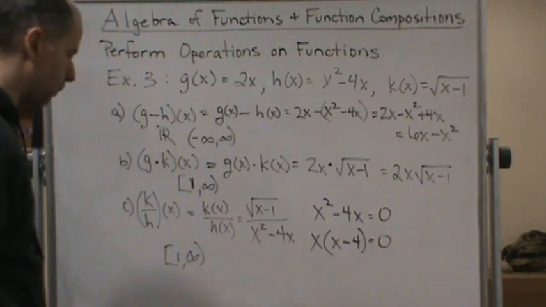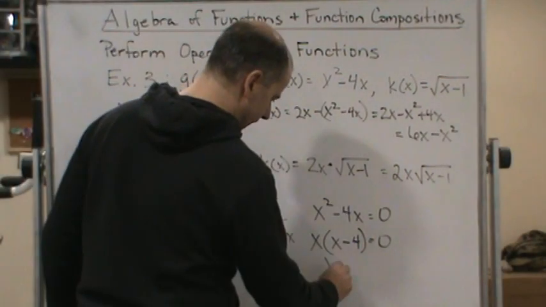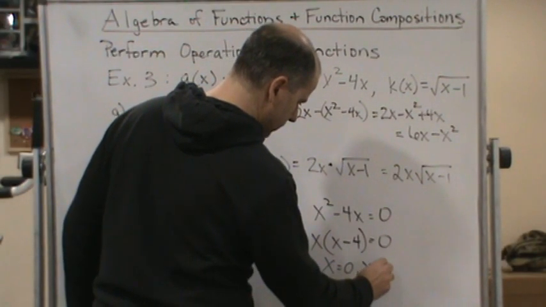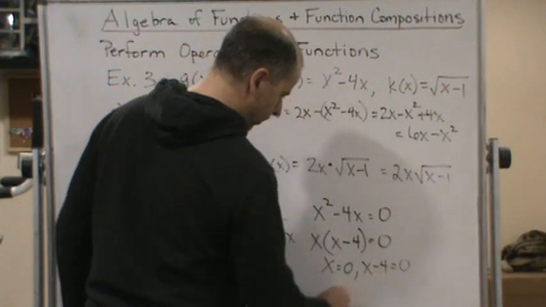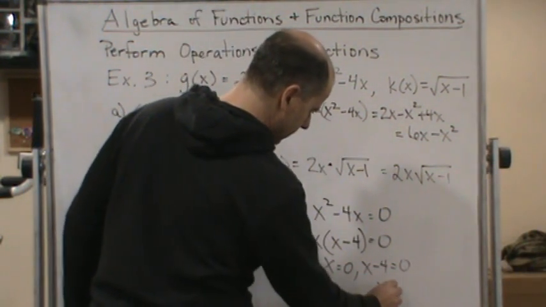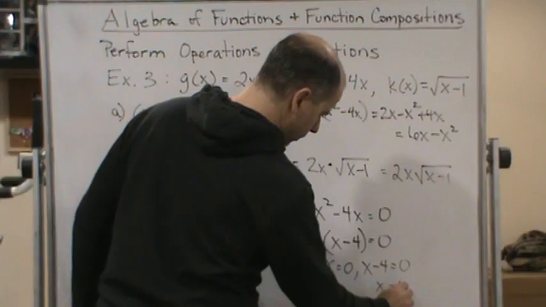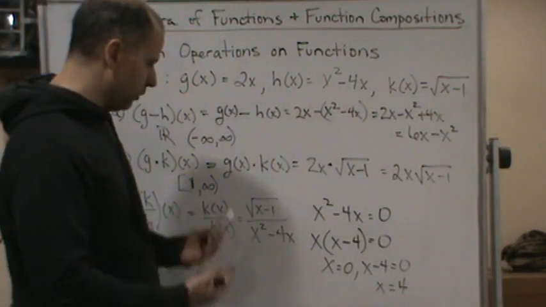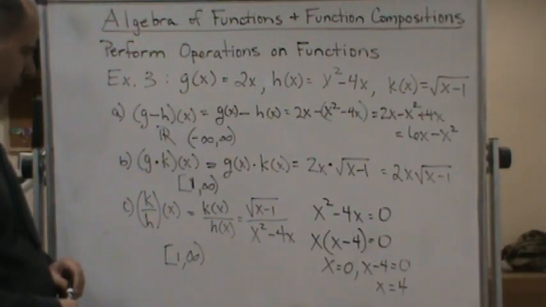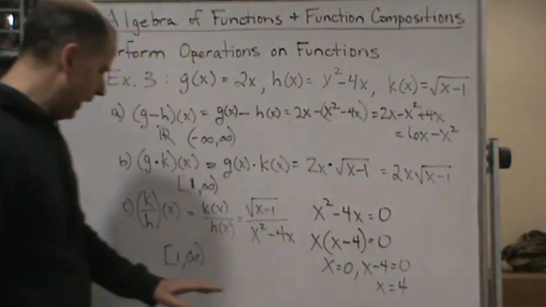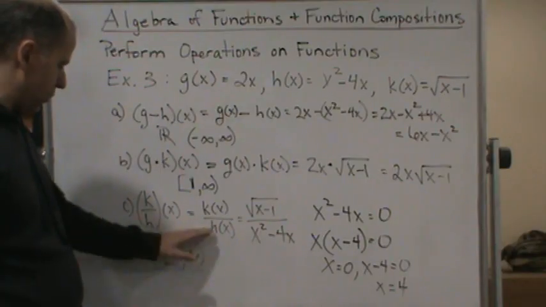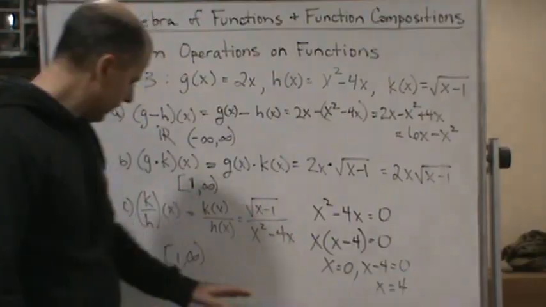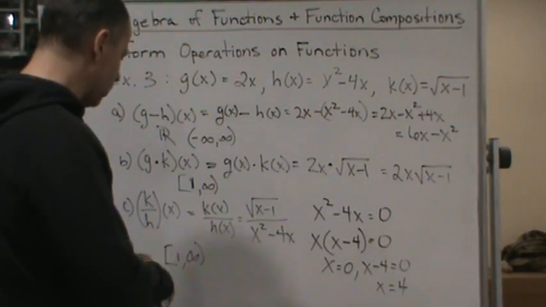Then the zero product principle tells us that x is equal to 0 or x minus 4 is equal to 0, and so x is equal to 4. So x equal to 0 and x equal to 4 are restricted. But in this case, x equal to 0 is not in this domain anyway, so we can ignore that. But 4 is in this domain, so we have to exclude that.